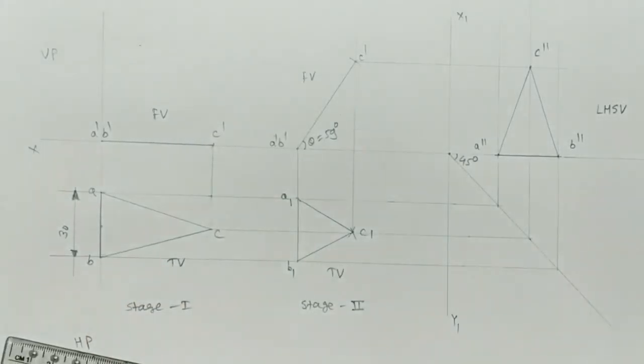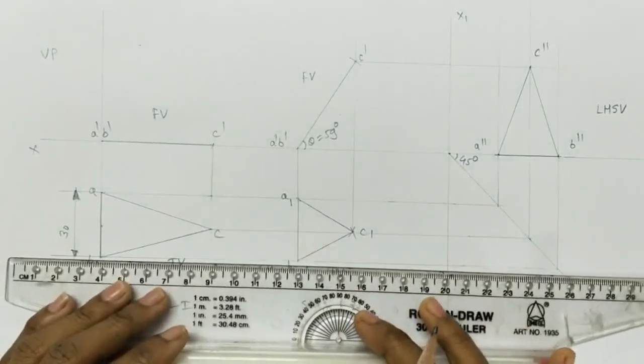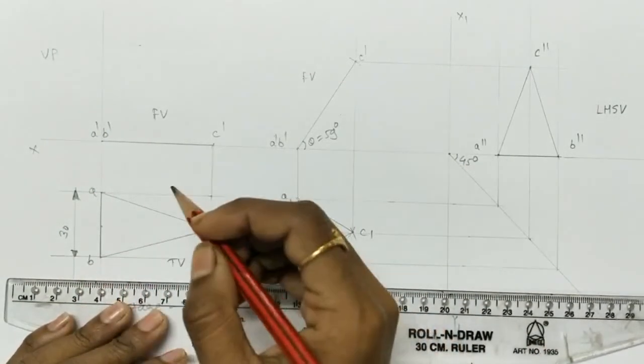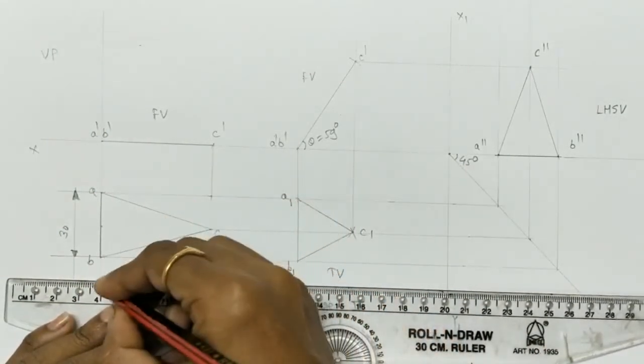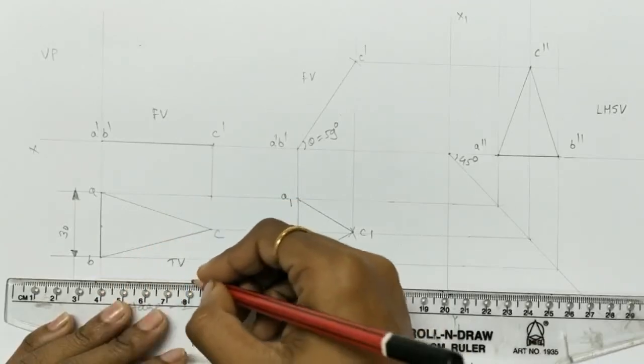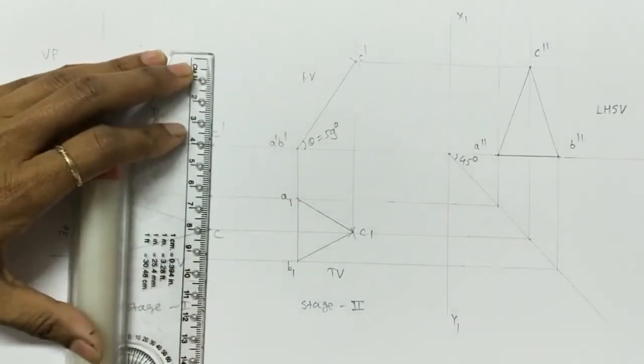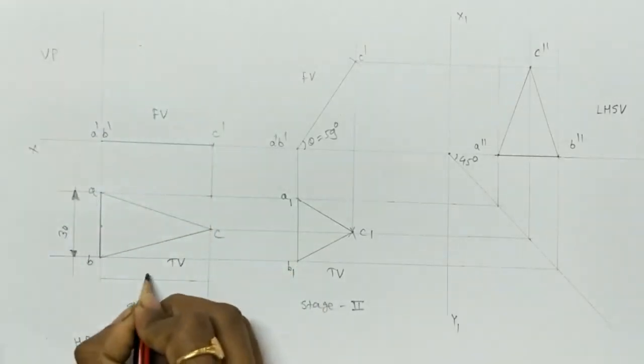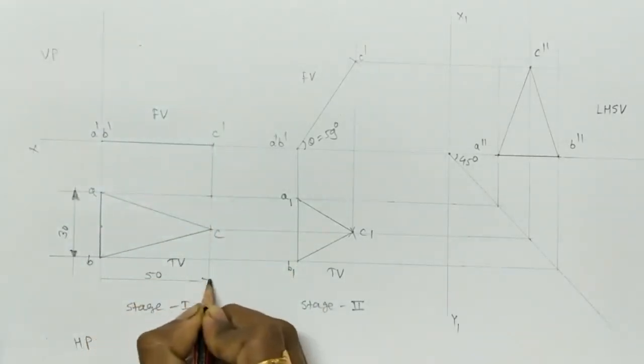And show the altitude 50 also. So this is 50.